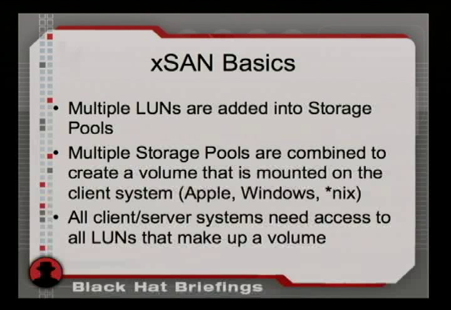As far as the way that Xsan works, that's a little different from a lot of other SANs. You basically add multiple LUNs into a storage pool, and as you add them, you tell it whether to add data to the storage pool in a weighted fashion or in round robin.